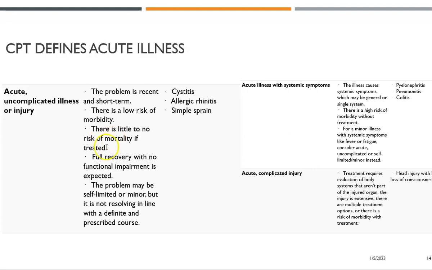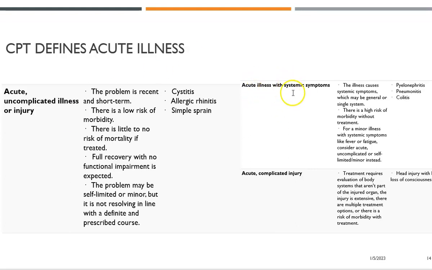So here's a nice sheet that comes from the AMA. So an acute uncomplicated illness or injury, the problem is recent, short-term, low risk to the patient, low risk of mortality, a full recovery is expected. Some examples might be a sprain or rhinitis or cystitis.